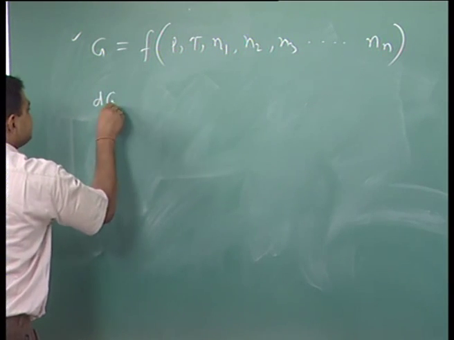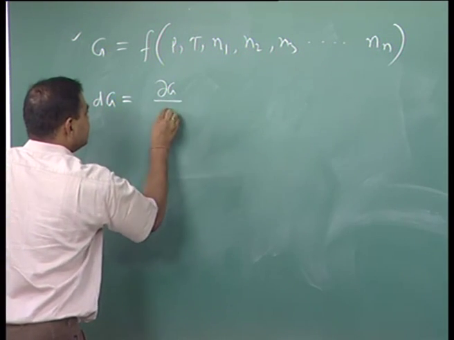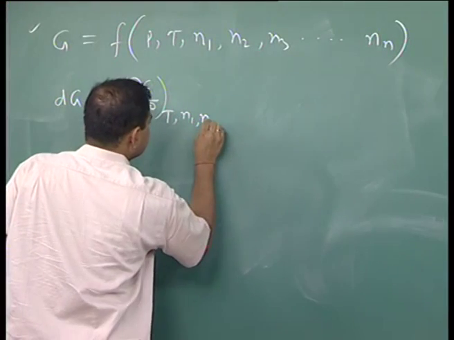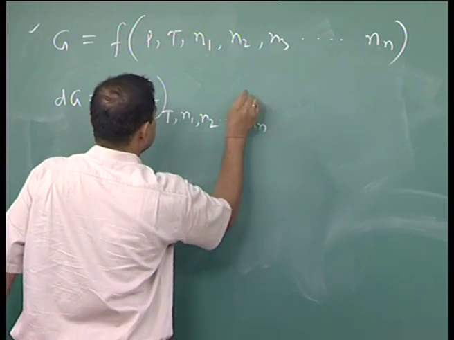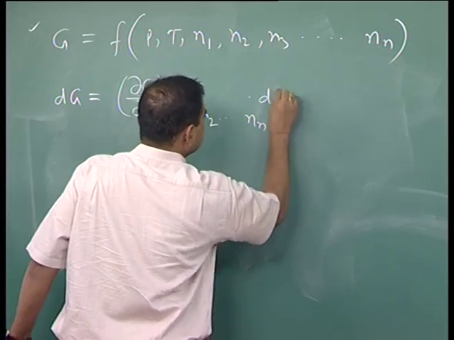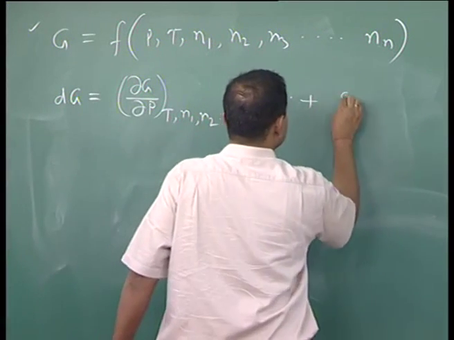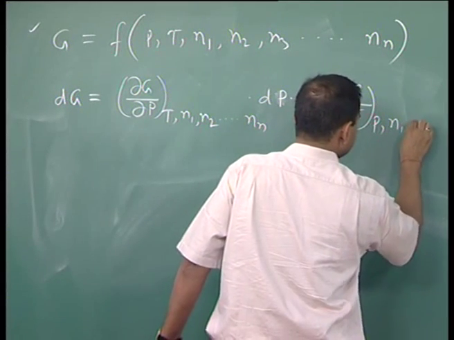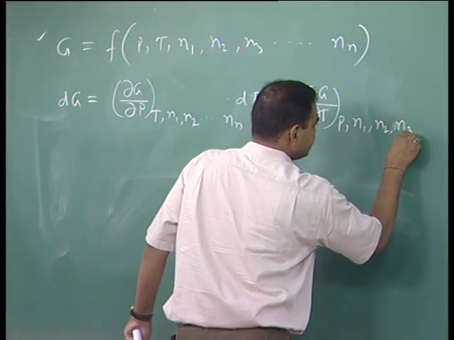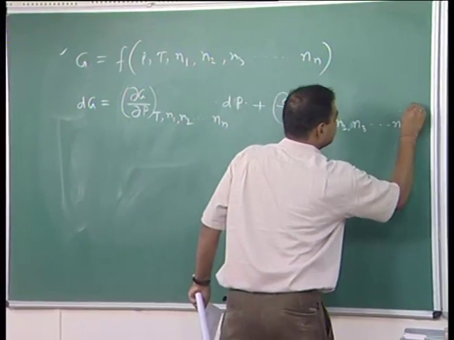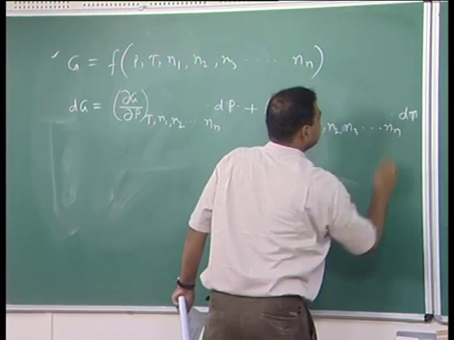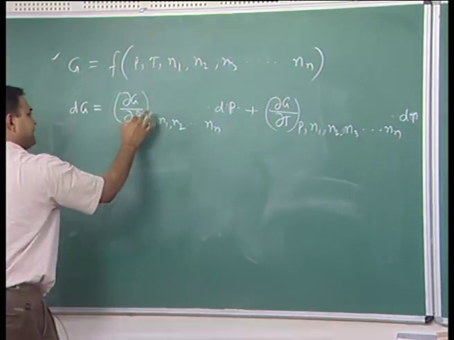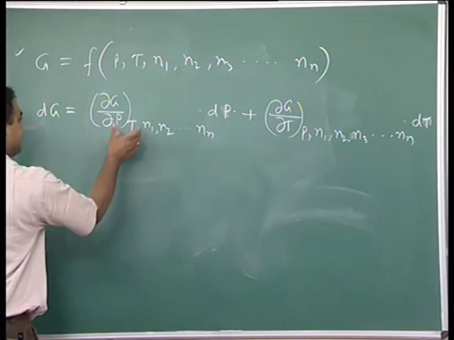That can be expressed as plus... so now you have small changes in P, then what would be the change of that pressure towards the free energy of the system, that is given by this.